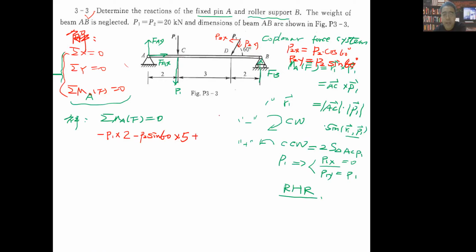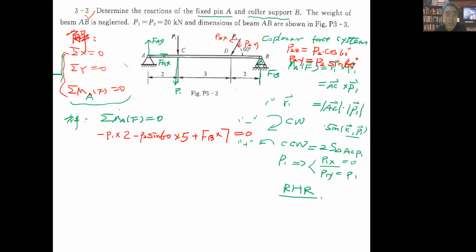Its magnitude should be FB times the whole length of this part, so we have 7, equal to 0. See, this is all about sigma MA equals 0, because all the things are known, so we can get the result of FB.